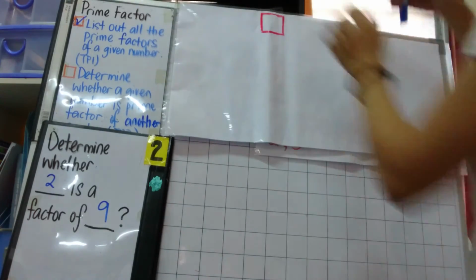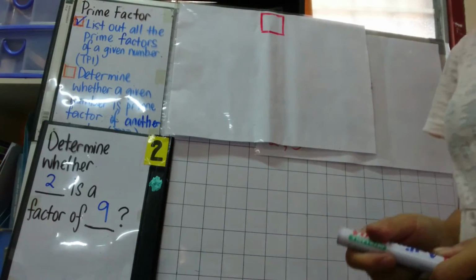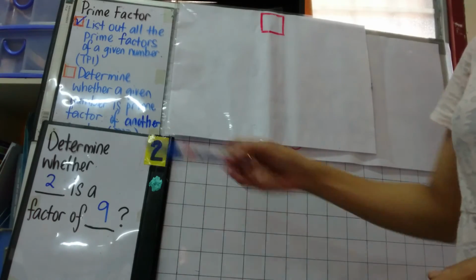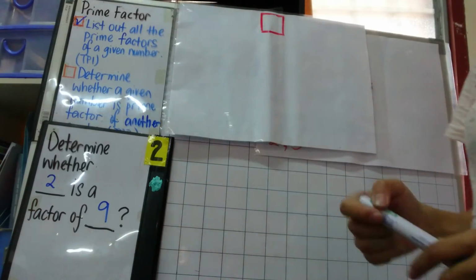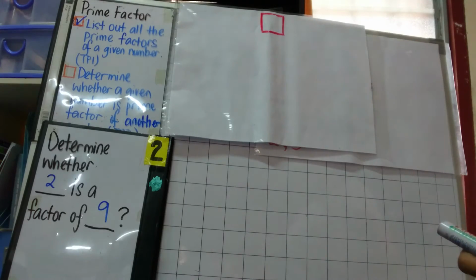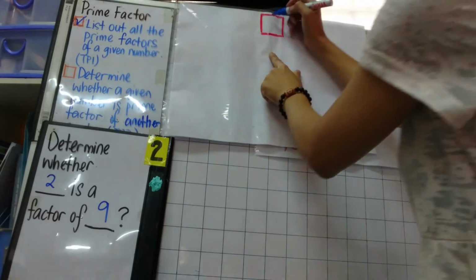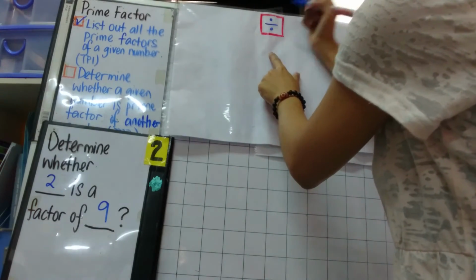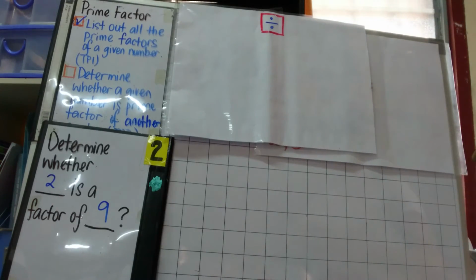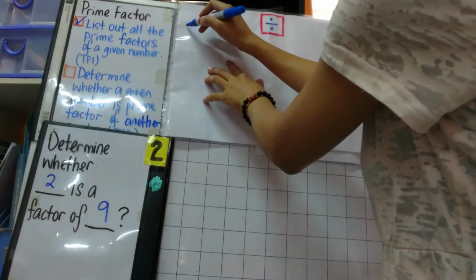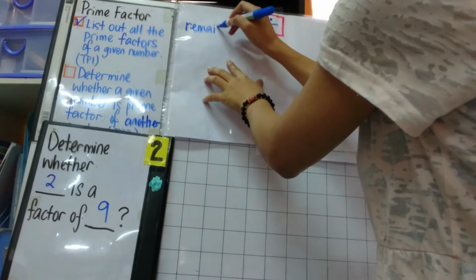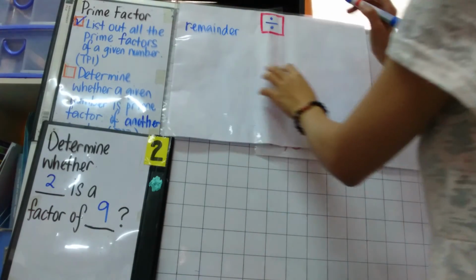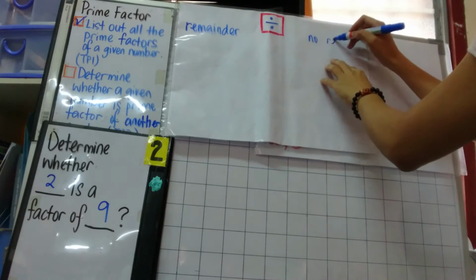So class, as previously what we did, which operation should we perform to determine whether a given number is a factor or not? Yes, we will perform division. As usual, after division, it might cause two results.